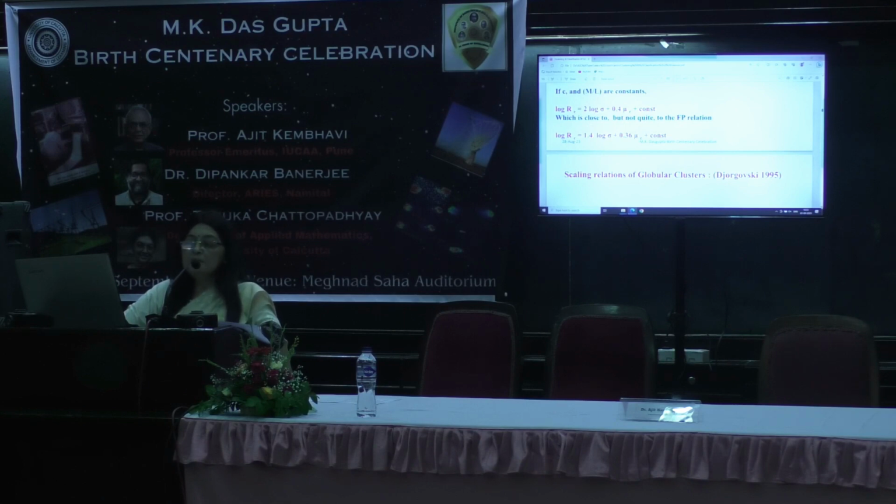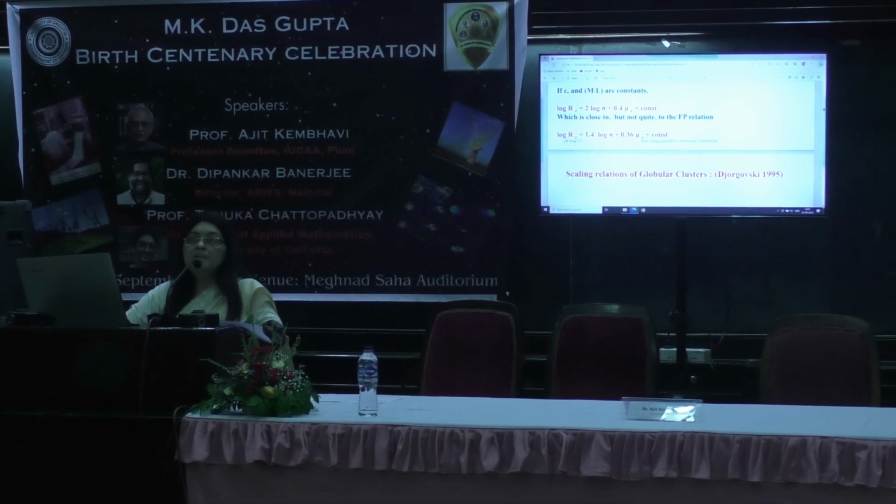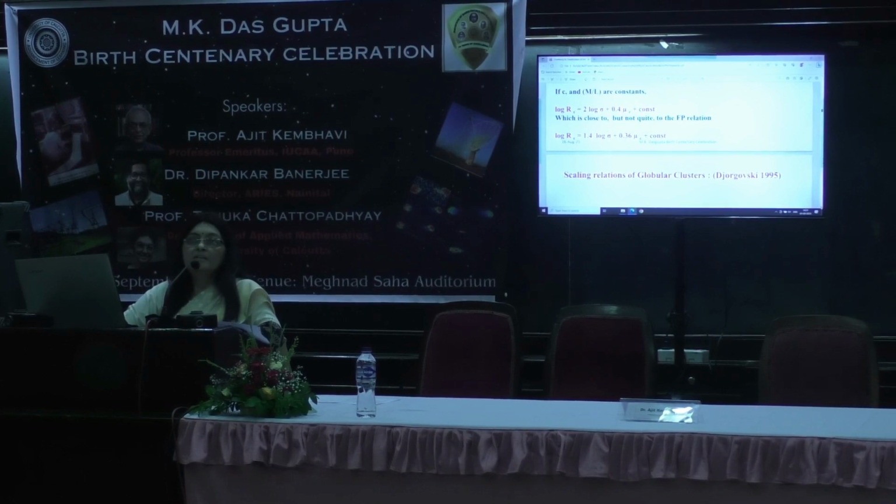Since the fundamental plane is close to the virial plane, we can say the fundamental plane shows the signature of the degree of dynamical evolution of the galaxy.